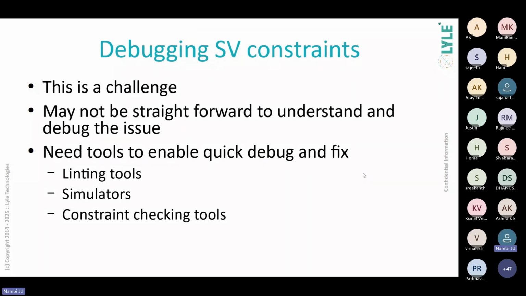So how do we quickly enable debug or fix of these issues with the constraints? Linting tools or some simulators enable you to highlight issues with the constraints, and they may tell you there is a possible misuse of the constraint, which will prevent you from generating good tests.